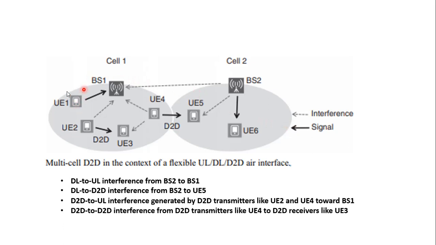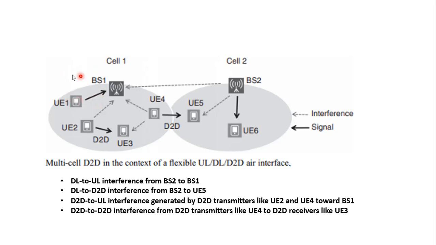If we take the first one, base station 1 and user interface 1 are both connected, and user interface 1 and user interface 2 are not in close proximity with each other. So when there is no close proximity between these two devices, there will be no D2D connection.